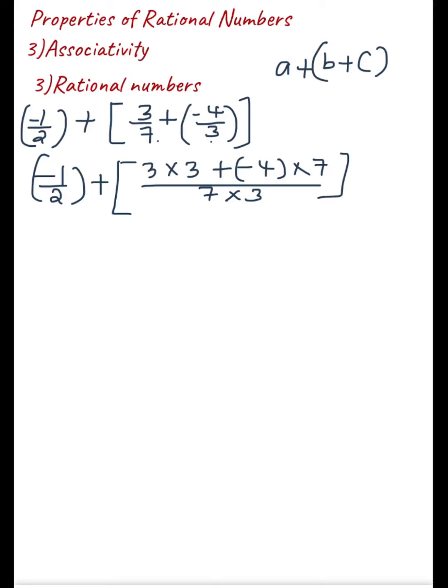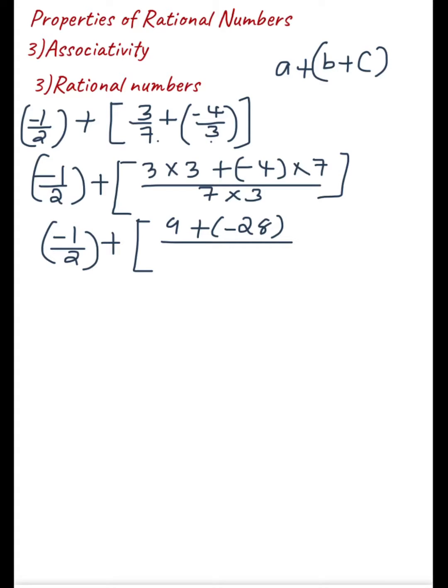So 3 into 3 is 9, plus minus 4 into 7 is minus 28, divided by 7 into 3.